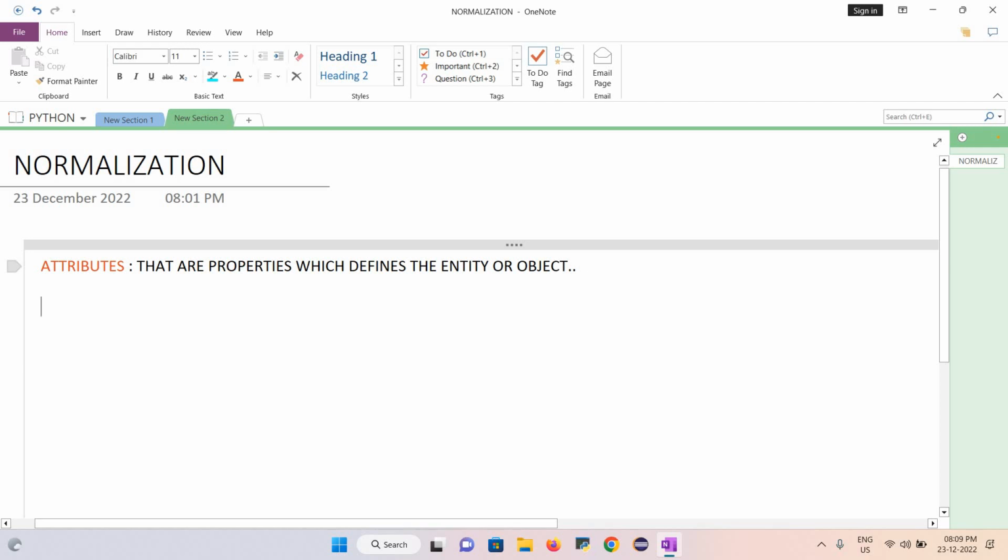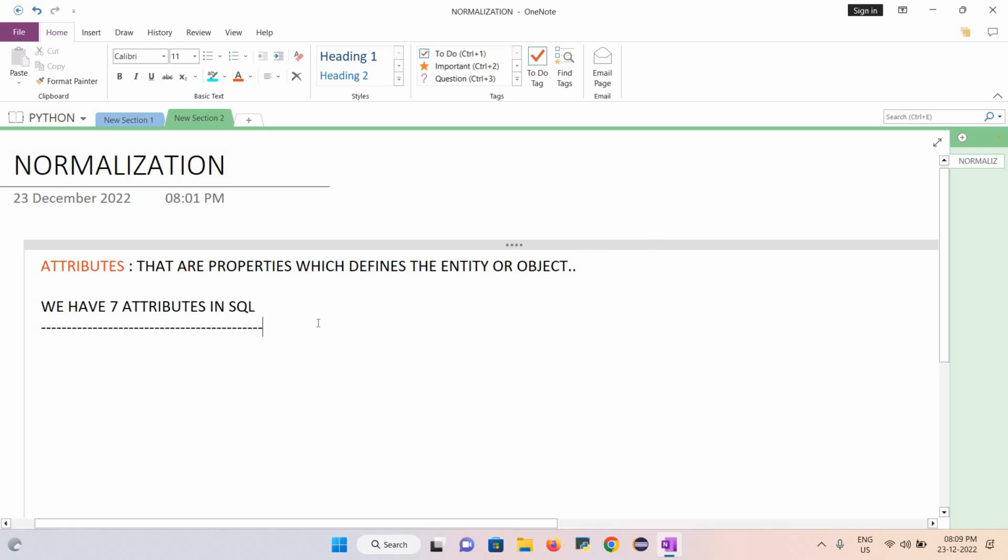In total, we have 7 attributes in SQL. Okay, so now we'll discuss what those are.